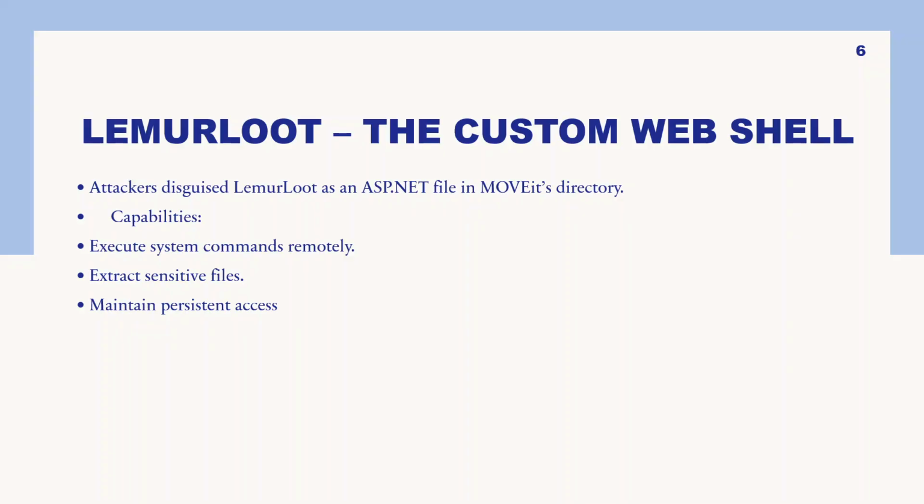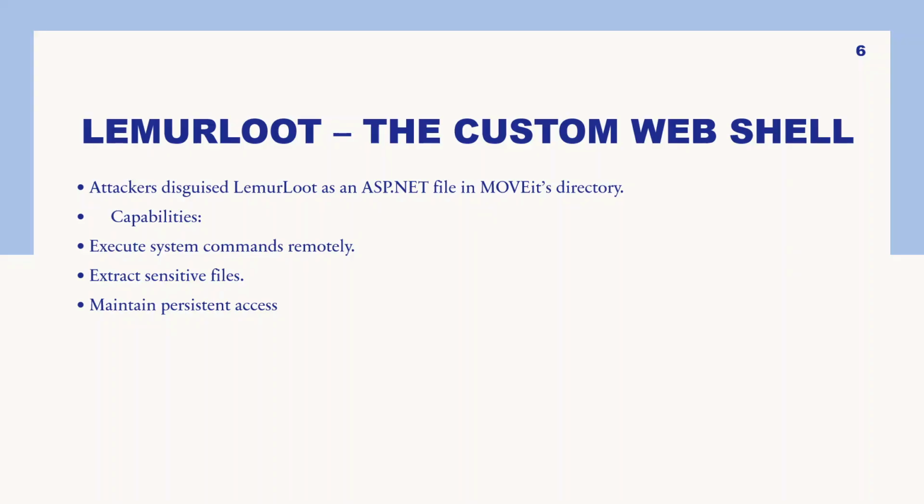LEMURLOOT was all about the attackers. It is an ASP.NET file placed in MOVEit's directory. The capabilities here, what it enabled them to do, was execute commands remotely, extract sensitive files, and maintain persistent access.